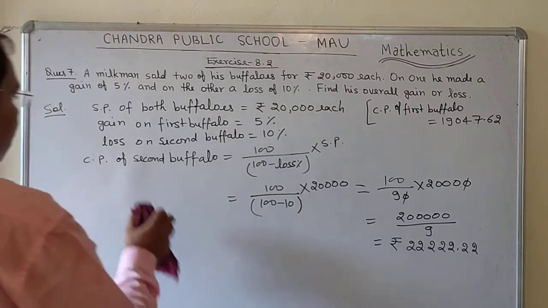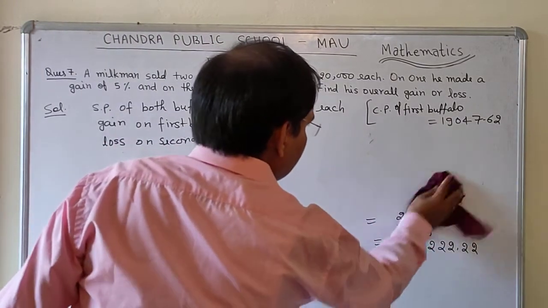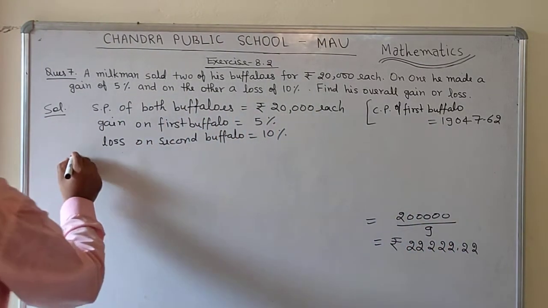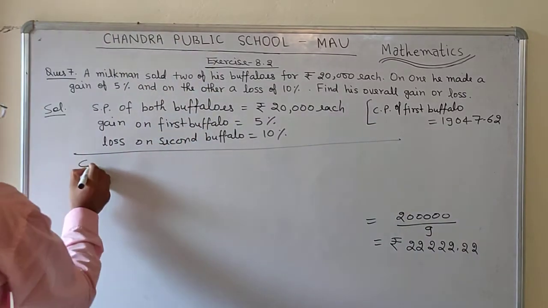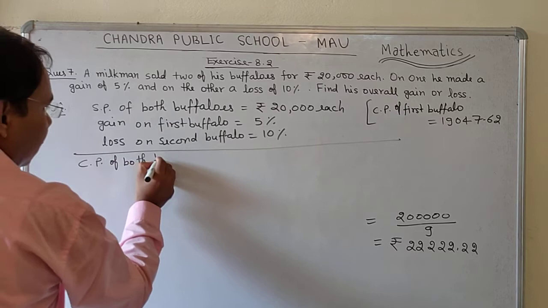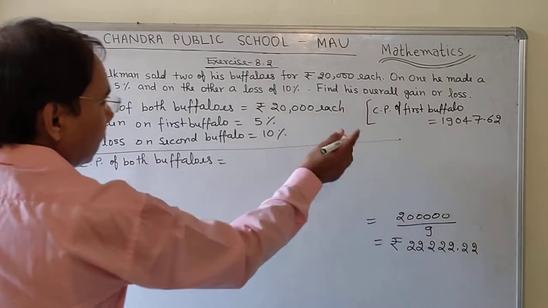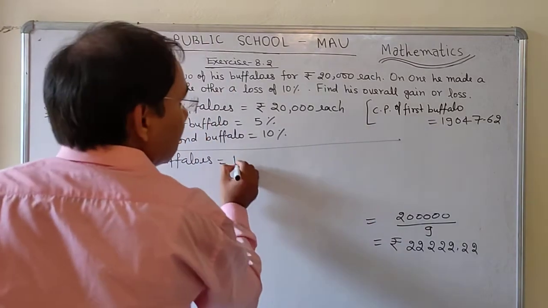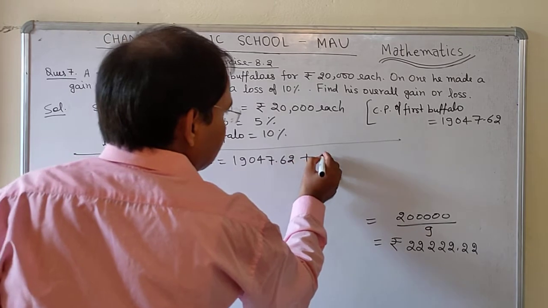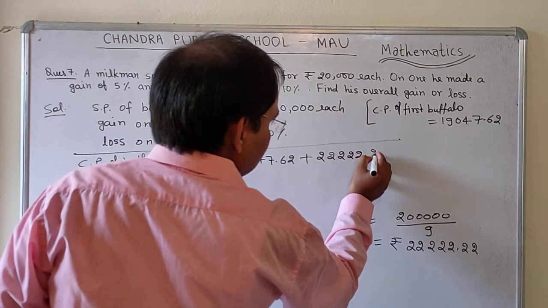Now friends, I am going to find the cost price for both buffalo. So here I will write cost price of both buffalo. That is equal to, what was the cost price of the first buffalo? 19,047.62 plus the second buffalo 22,222.22.